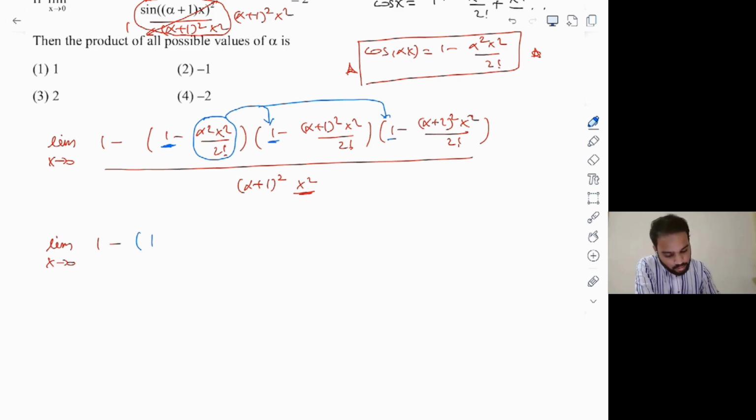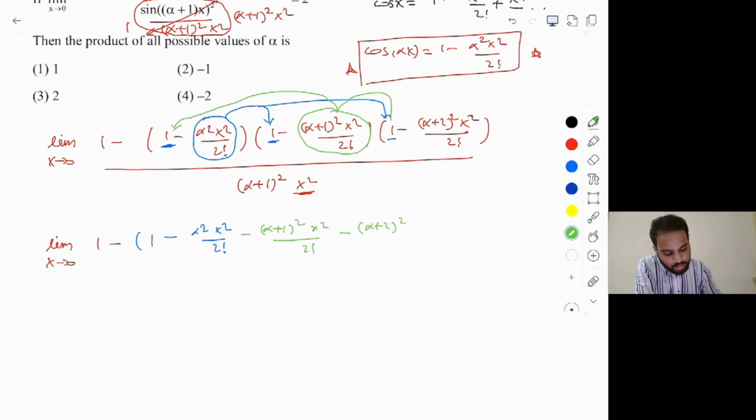So one possibility will be minus alpha square x square by 2 factorial. Similarly, I can multiply the 1 with this term and with this one to get one more x squared term, which will give you minus (alpha plus 1) whole square into x square by 2 factorial. Similarly, one more term will be minus (alpha plus 2) whole square x square divided by 2 factorial.